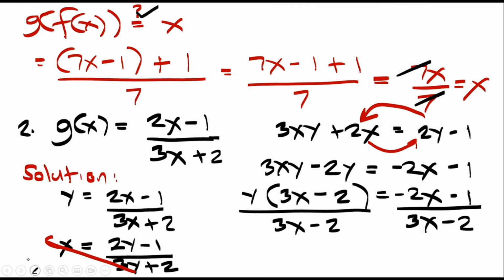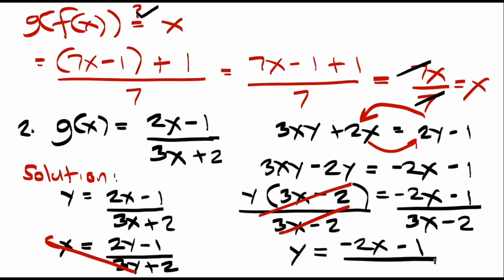So this can be cancelled out, leaving us only y equals negative 2x minus 1 all over 3x minus 2. So this equation is now the inverse of g of x.